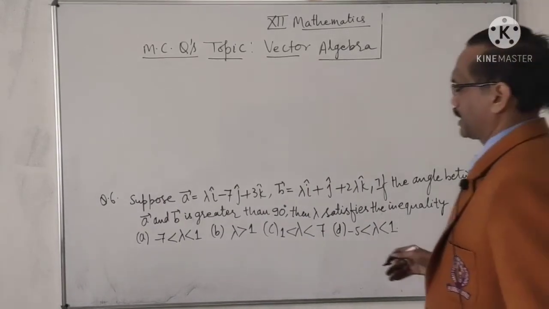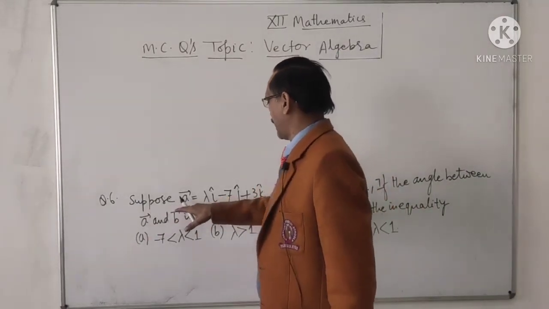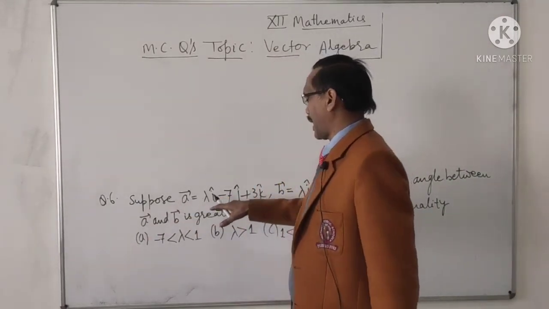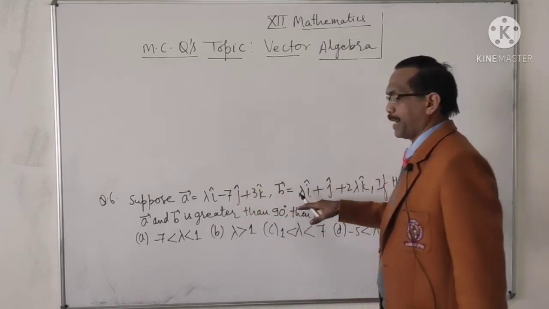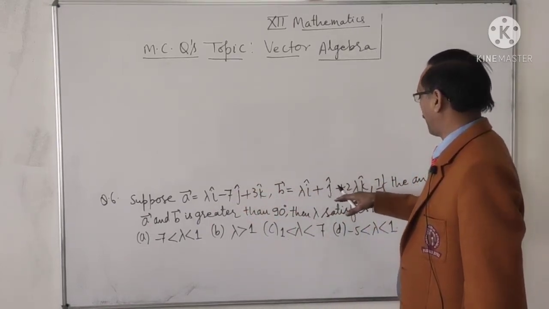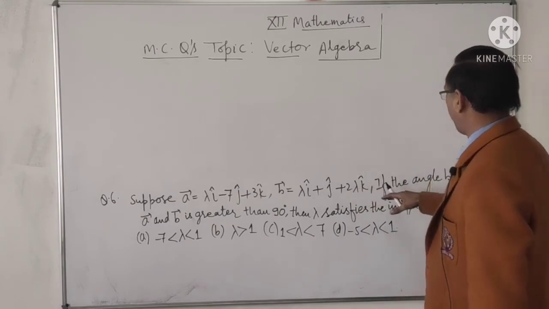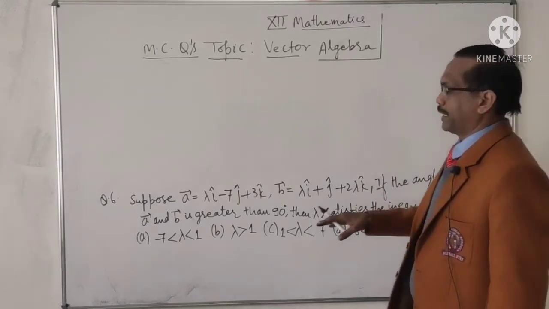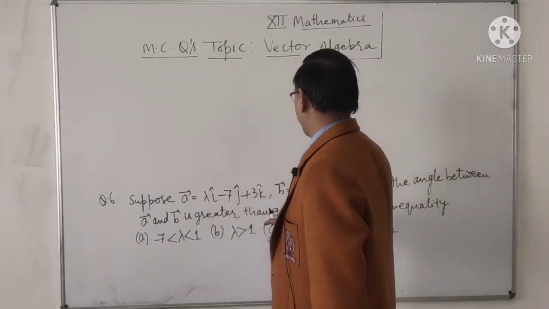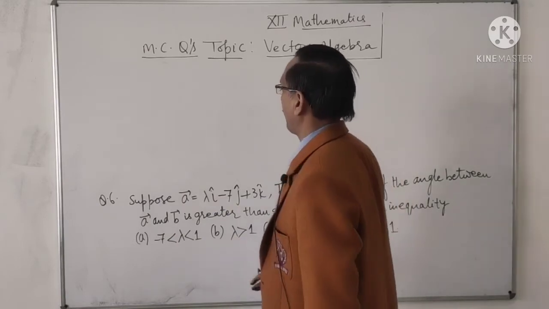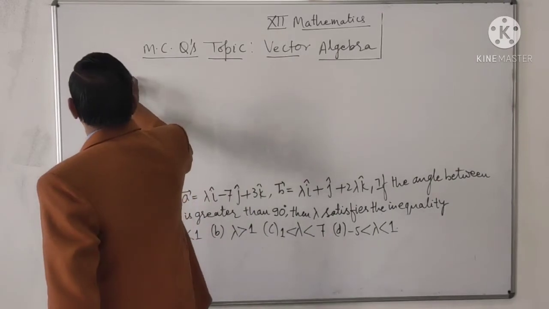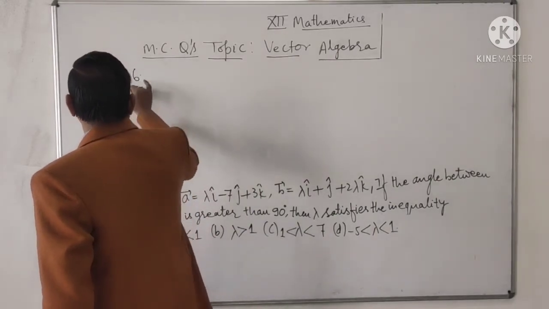Now question 6. If A vector is lambda i cap minus 7j cap plus 3k cap, B vector lambda i cap plus j cap plus 2 lambda k cap, and the angle between A and B is greater than 90, then lambda satisfies the inequality. See the solution 6.